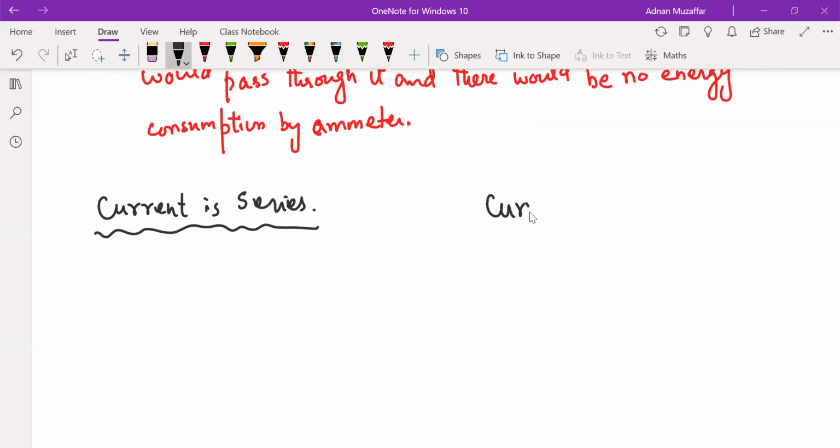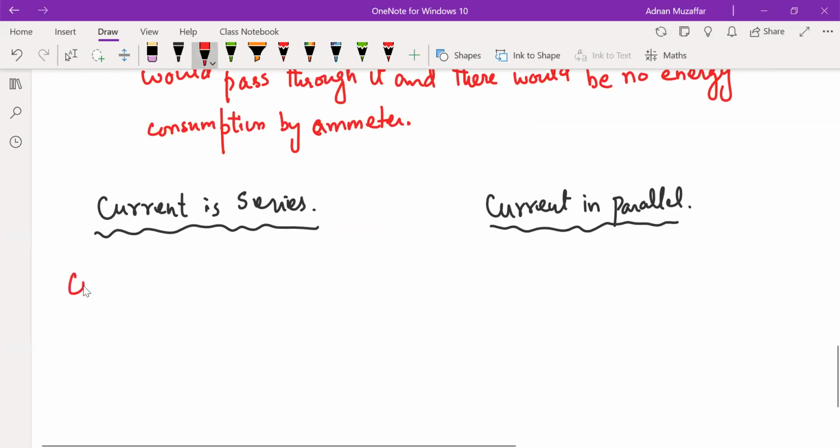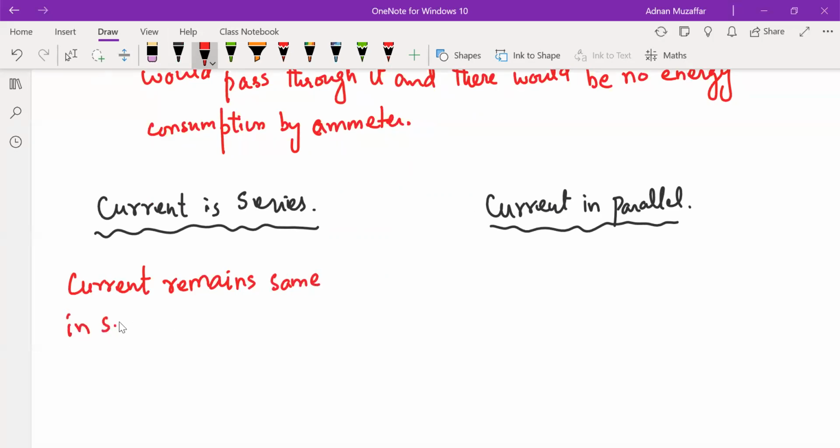Current remains the same in series, and current is divided in parallel.